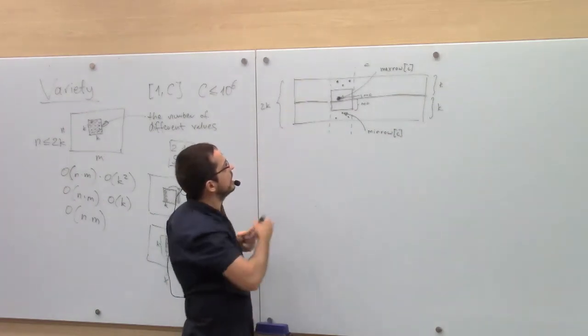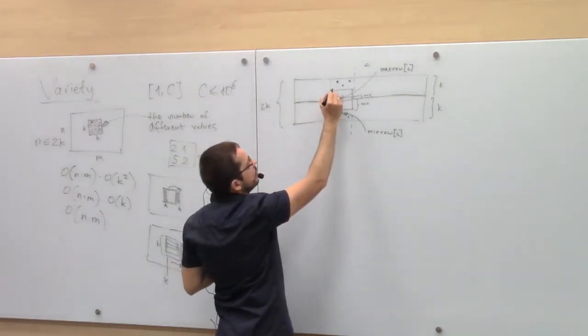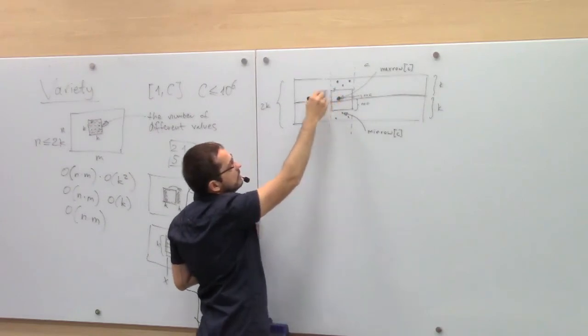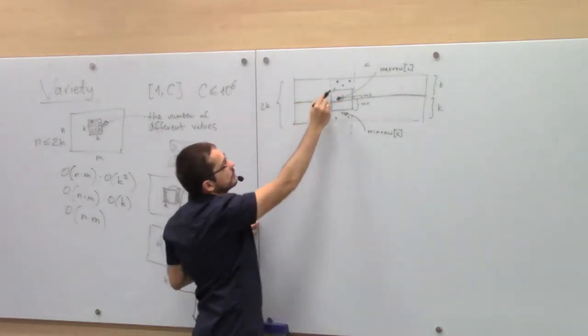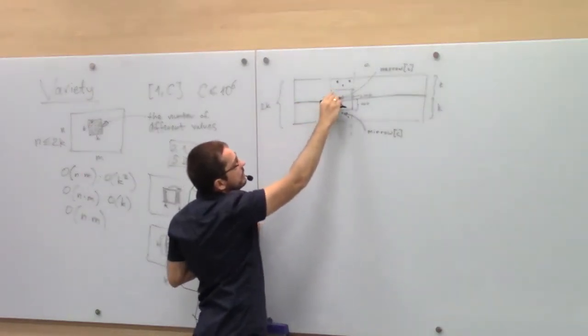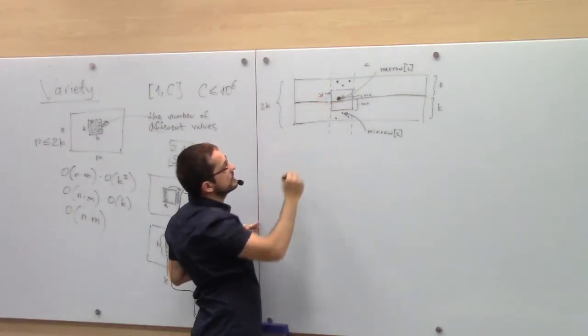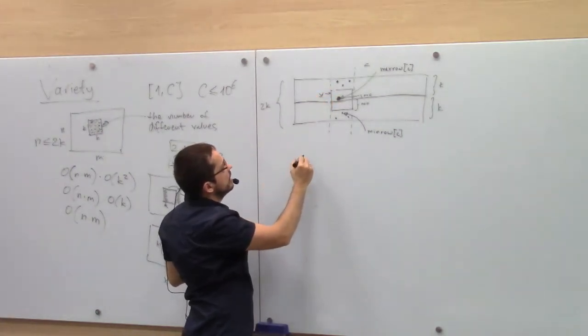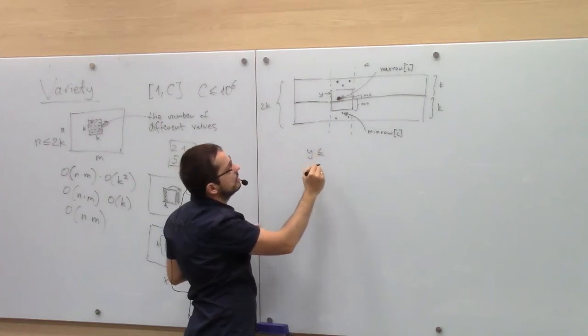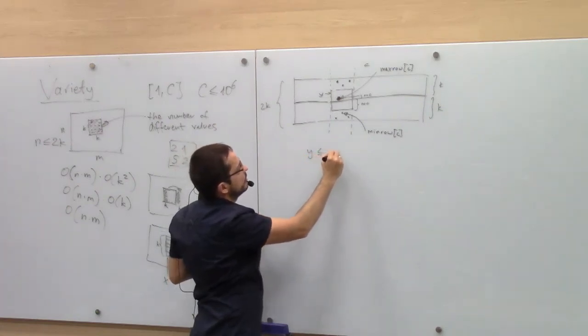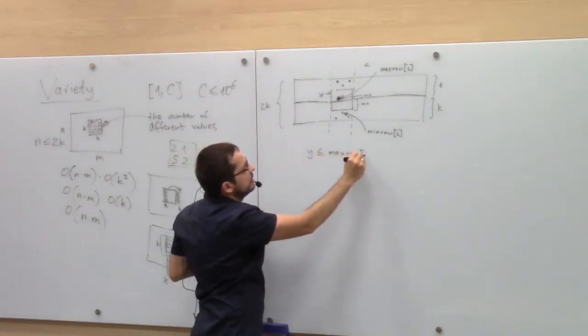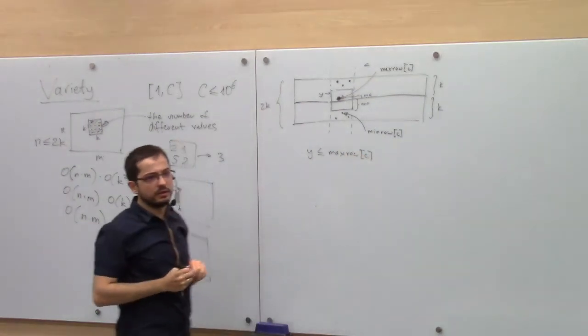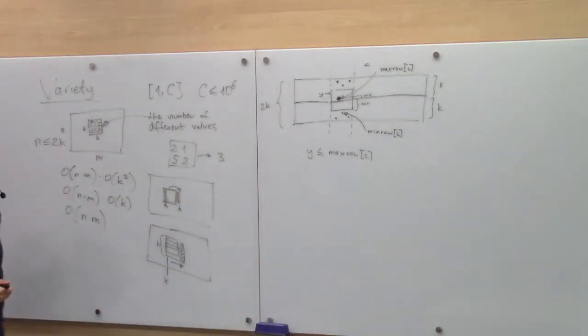So let's say y is the row in which we have the upper side of a square. If y is smaller or equal than max row, then we know that there's some element C in the square.